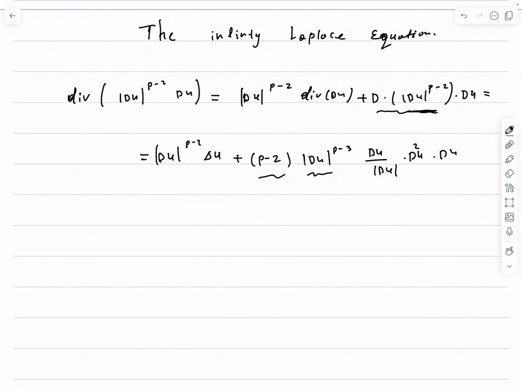So we got (p-2) |du|^(p-4) times d|du|^2 and (p-2) plus d^2u du times du.